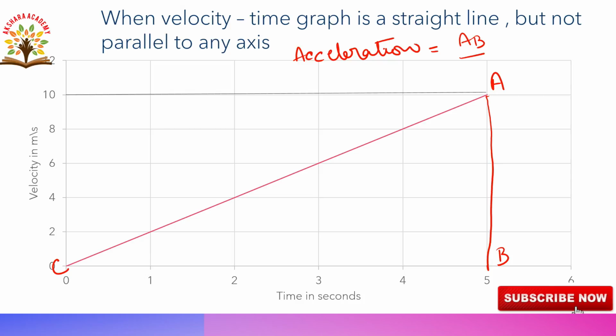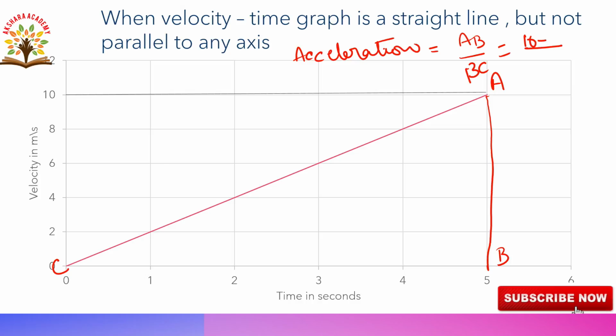AB is 10 minus 0, where the value at A is 10 and at B is 0, and BC is the total time, 5 seconds.